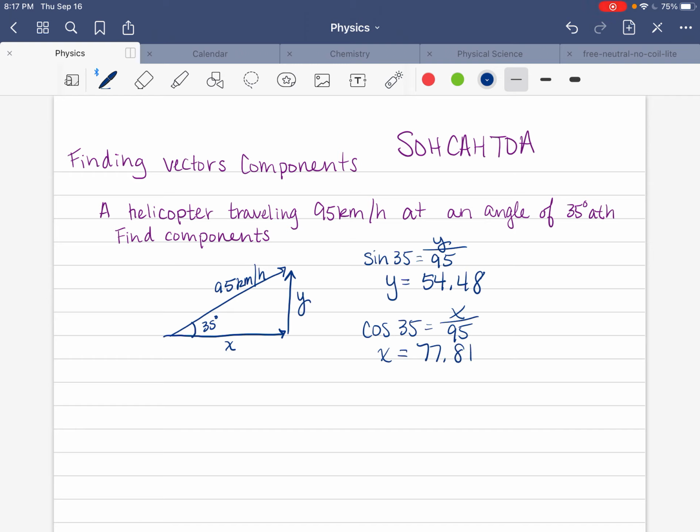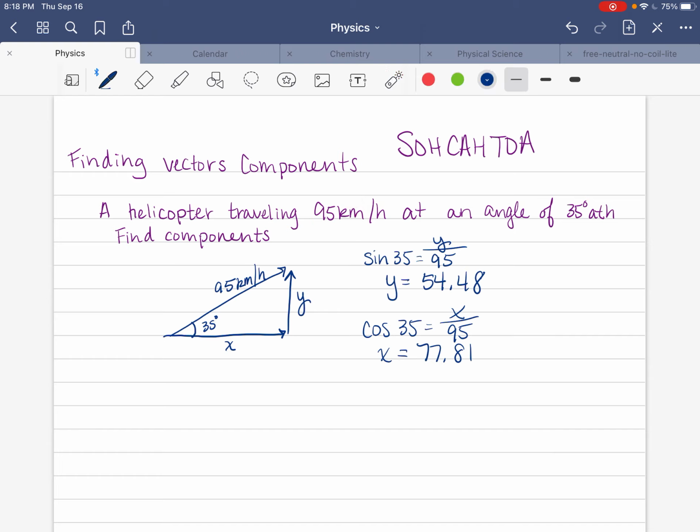Looking back at my problem to determine my sig figs, I have two sig figs here. You will notice that the degrees have two sig figs as well. But in this class, we're not going to consider the degree or angle to figure out sig figs, so just ignore those and look at this number here.